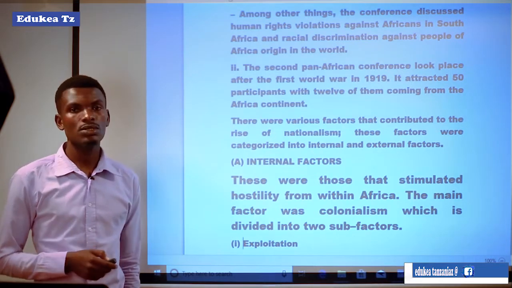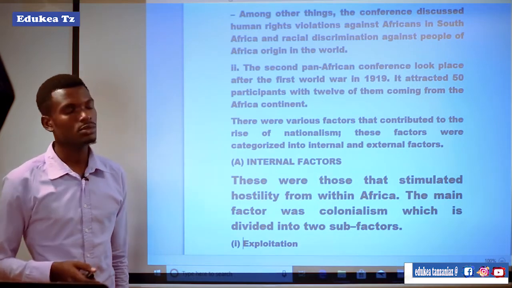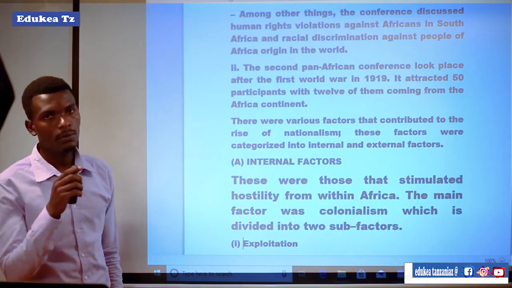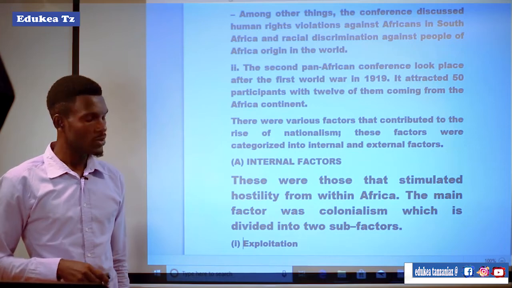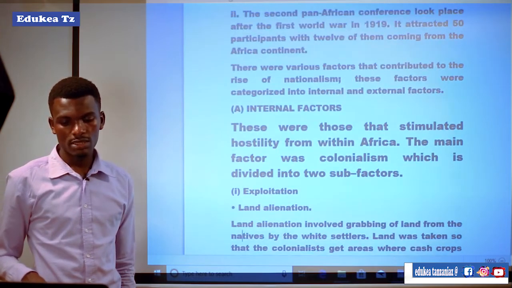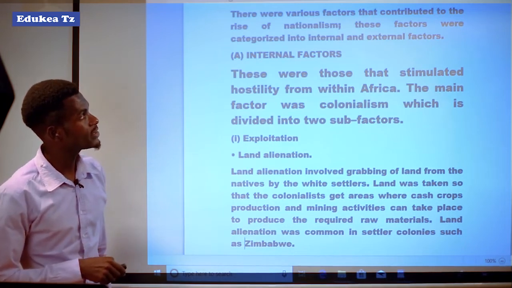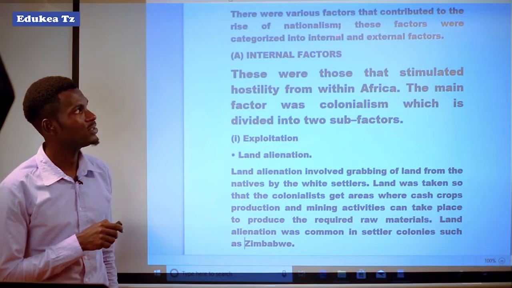As we know, African nationalism was contributed to by both internal and external factors, and we are going to start with the internal factors. There were various factors that contributed to the rise of nationalism.